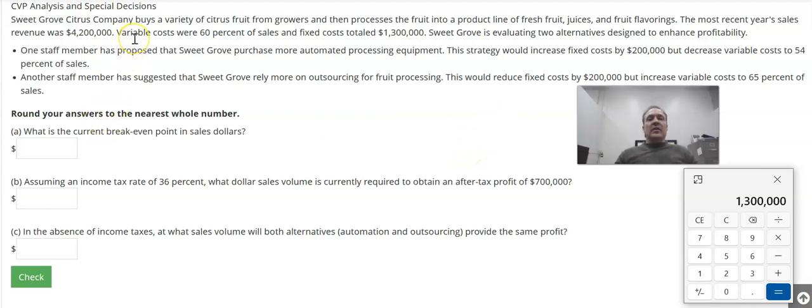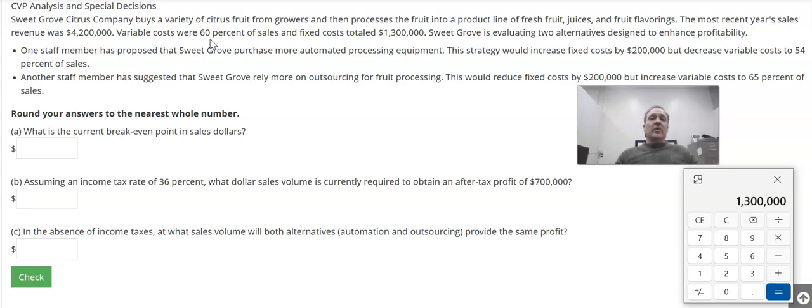So notice that they've given us, it says variable costs were 60% of sales. We could actually call this information right here the variable cost ratio. And the difference between sales and variable cost percentage is the contribution margin ratio. So if we were to think of sales as being 100% or 1, we could merely subtract 60 from 100, and that would give us our contribution margin.